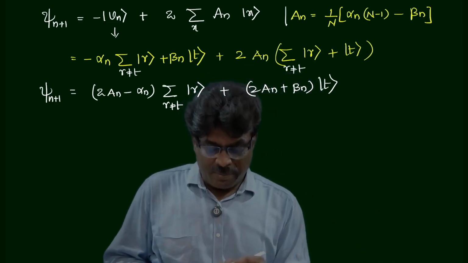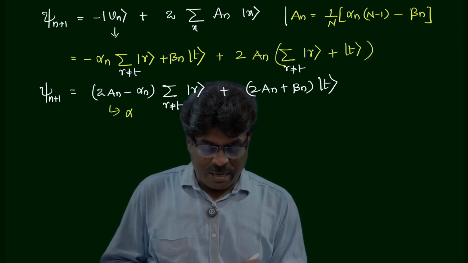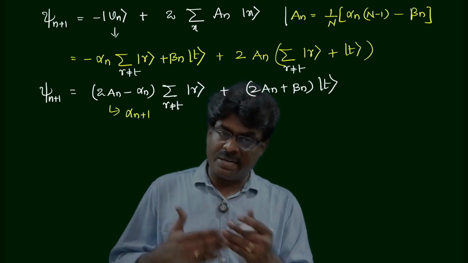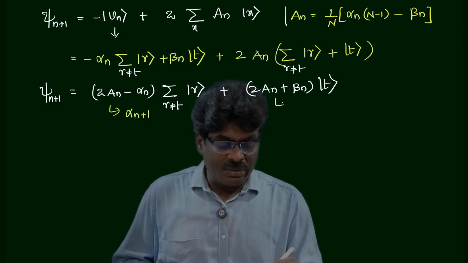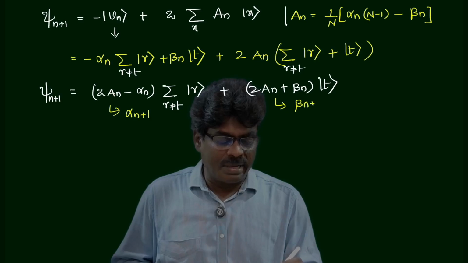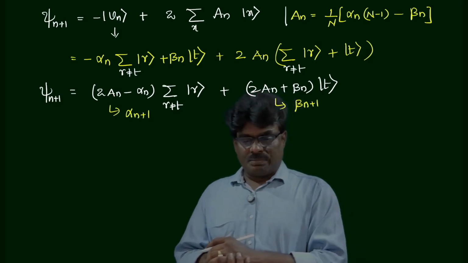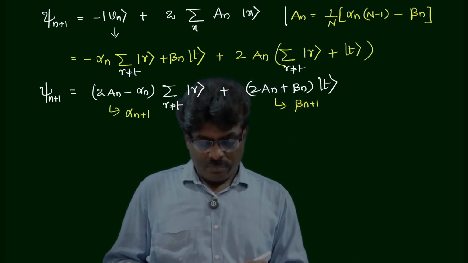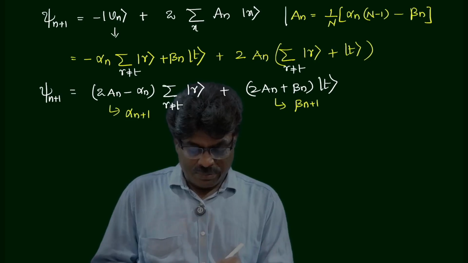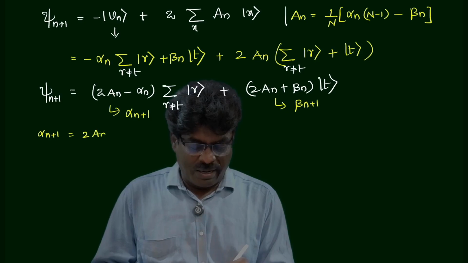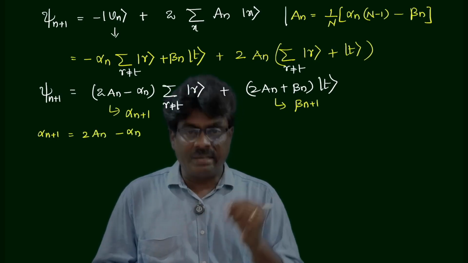And we can represent this thing as alpha n plus 1, because n plus 1 iterations are completed, and this one I am taking as beta n plus 1. Okay, so here, let me substitute alpha n plus 1 equal to 2an minus alpha n.